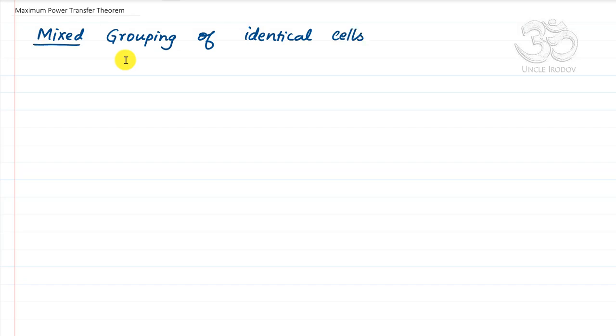So there are N cells in total, big N cells in all, which will be arranged in m rows and n columns.